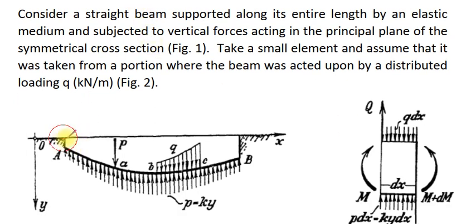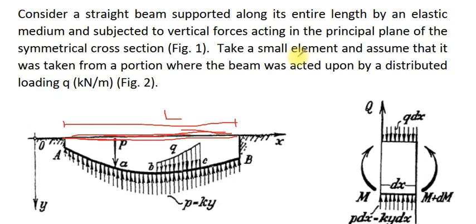Consider a straight beam with length L. This straight beam is supported by soil along its entire length, and the soil is represented and considered as elastic medium, subjected to vertical force such as concentrated force, distributed force, in the principal plane of a symmetrical cross section.